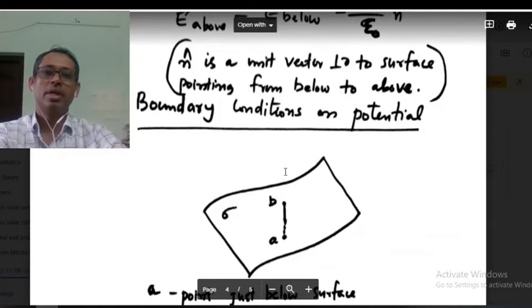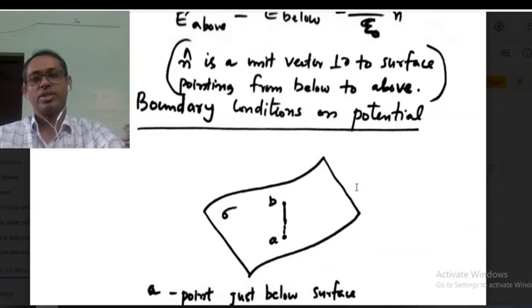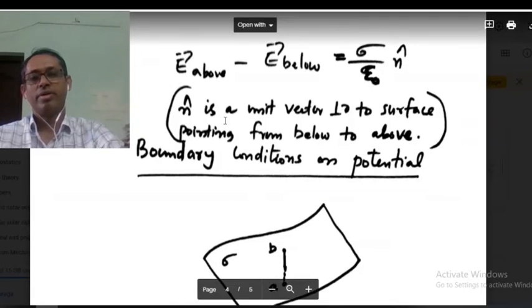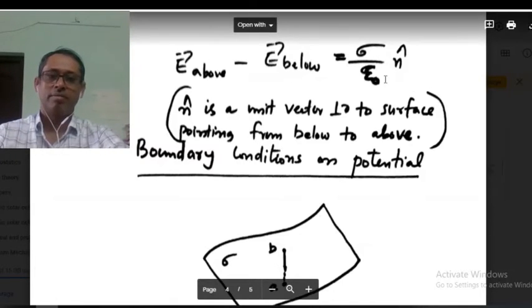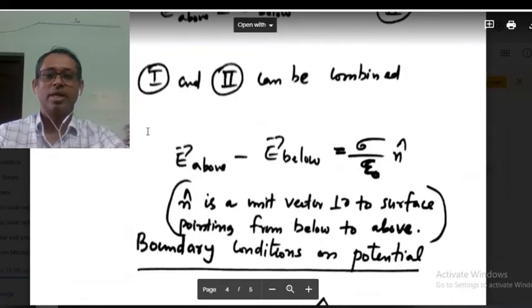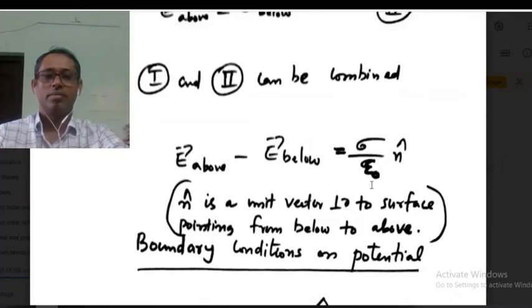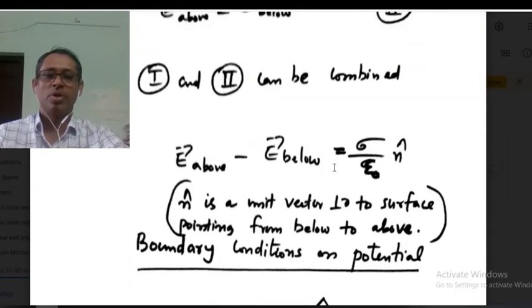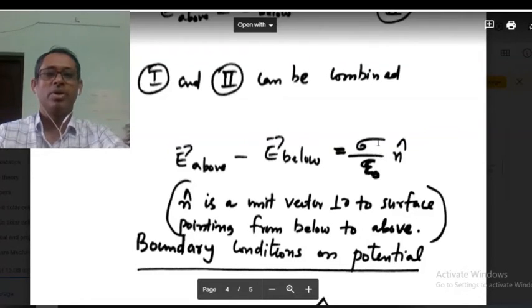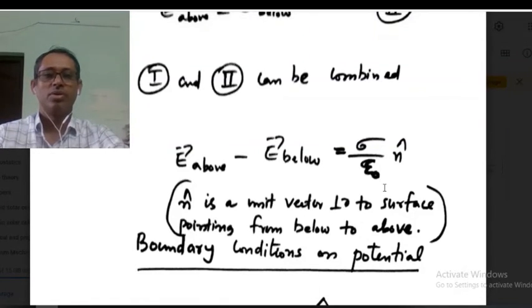Now the boundary conditions on potential. So far we saw the boundary conditions for the electric field. When we combine conditions 1 and 2, taking the normal component, E perpendicular above minus E perpendicular below is equal to sigma by epsilon 0.